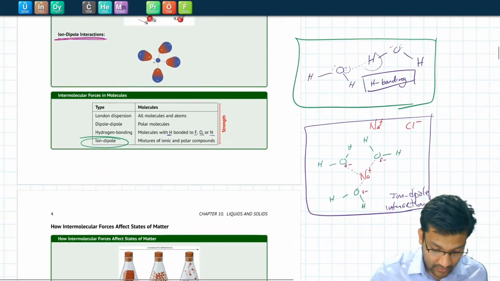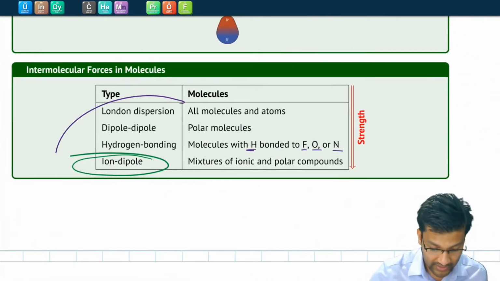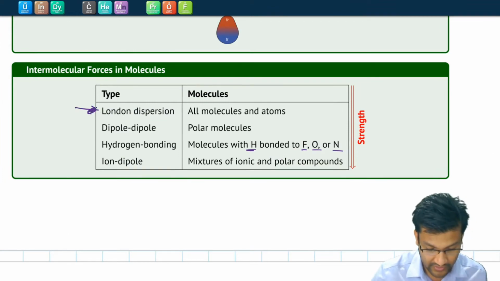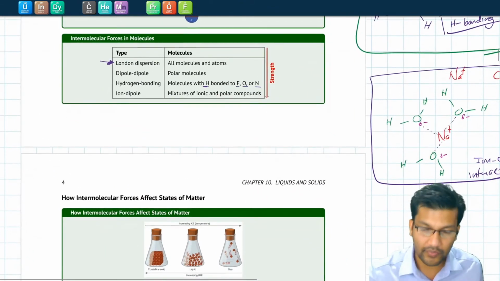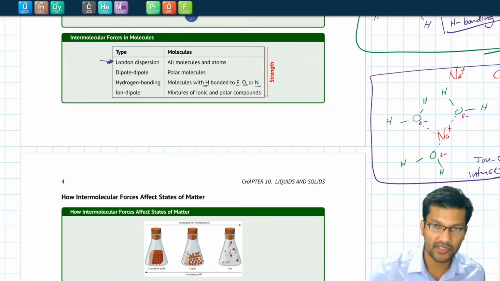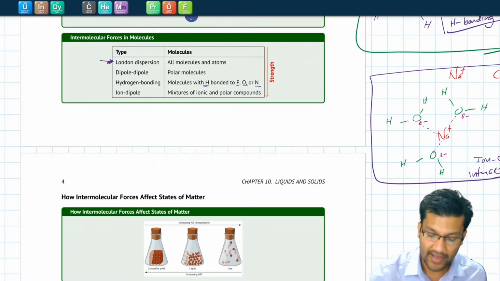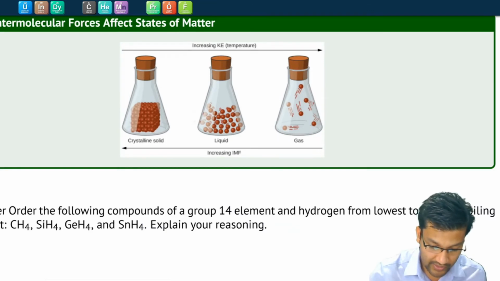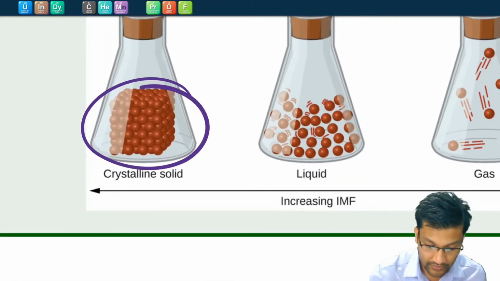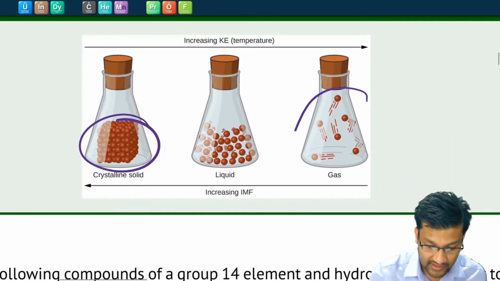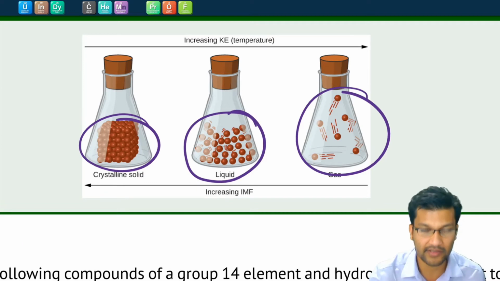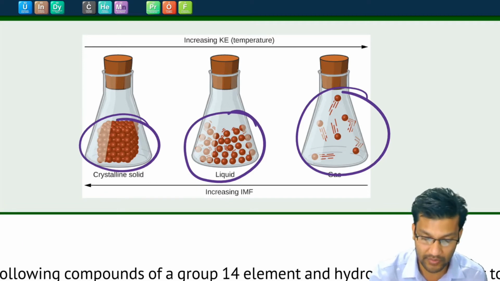So as I mentioned, the same molecule could have multiple types of these interactions. In fact, all of them will have London dispersion forces. Now, I mentioned that we needed to talk about intermolecular forces if we want to talk about solids and liquids. The reason is that in solids, the molecules are held together pretty rigidly. In gases, they're zipping around with very little interaction between them. And in liquids, it's somewhere in between, where there are reasonable interactions between the molecules.